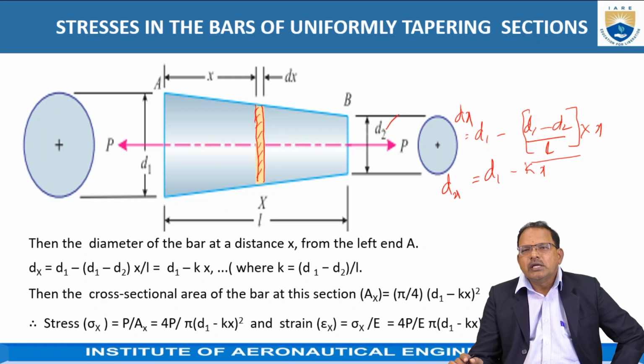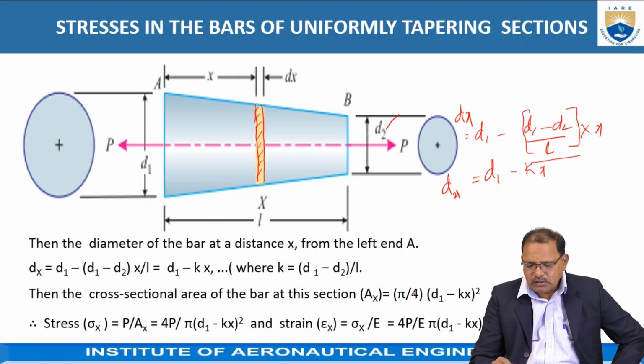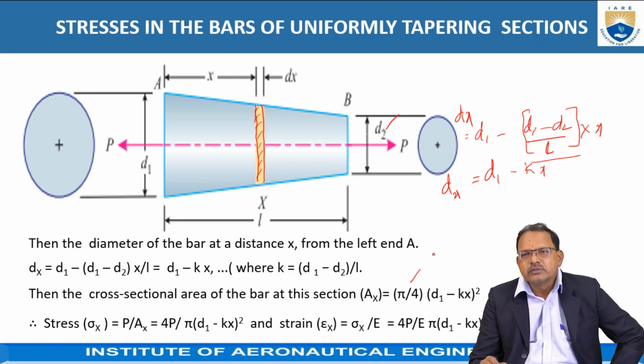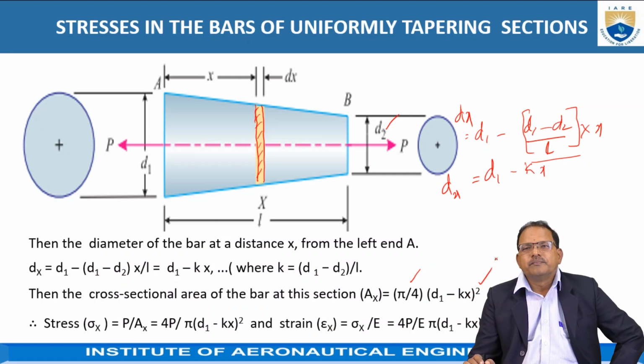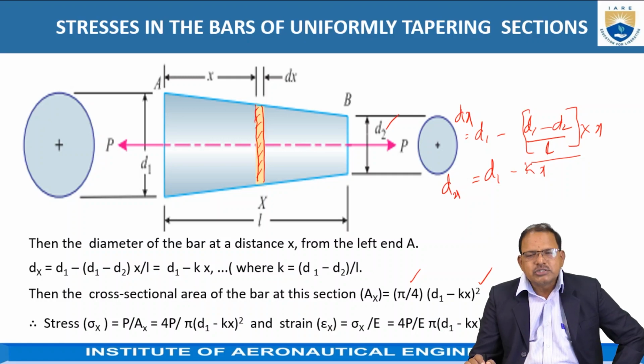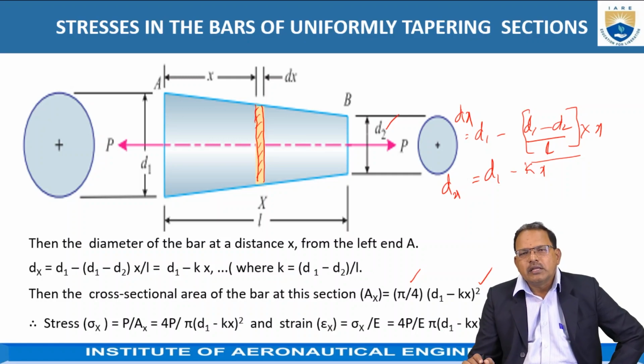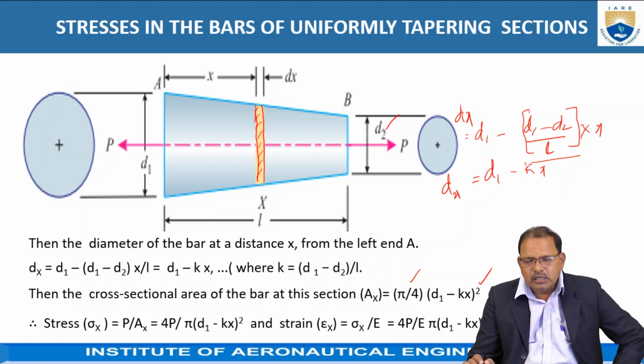Then the cross-sectional area of the bar at this section is pi by 4 into d square, which is pi by 4 into (d1 minus kx) whole square. Now stress is equal to force by area, where P represents the force acting on the body, which is tensile in nature.